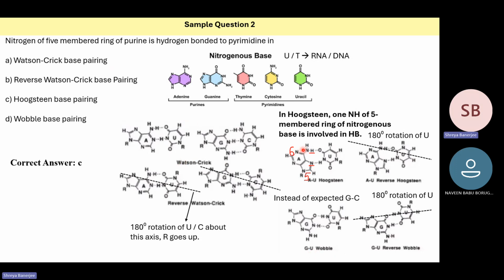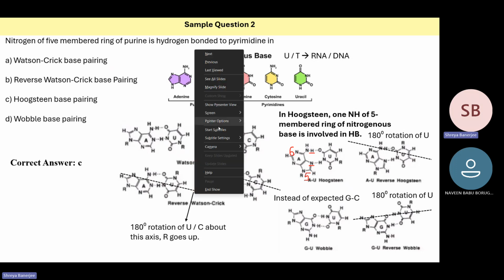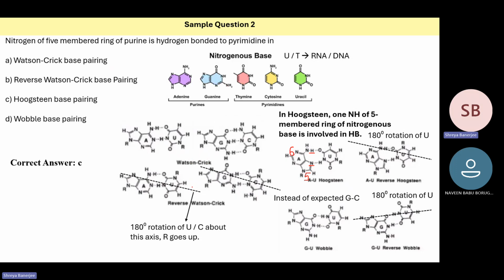And in these three different kinds of base pairing, Watson-Crick, Hoogsteen or Wobble, for each you can have a reverse pairing. So reverse is basically, if you imagine this dotted line and you flip the second residue 180 degrees about this line.